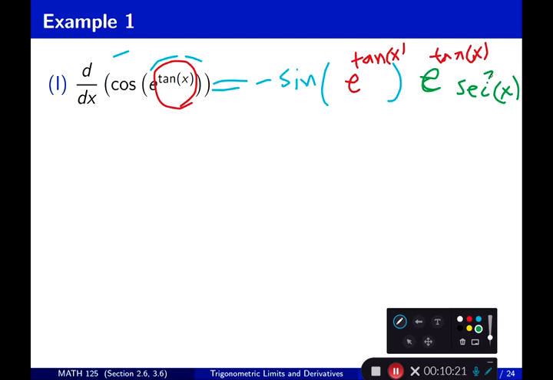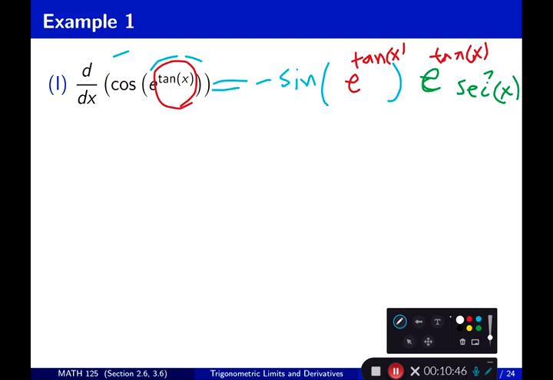First you go to the very outer one and you come up with a negative sine of something, and then you plug in that something, which is, we say negative sine of u, and then u will be basically tangent of x. And then e to the power tangent of x.